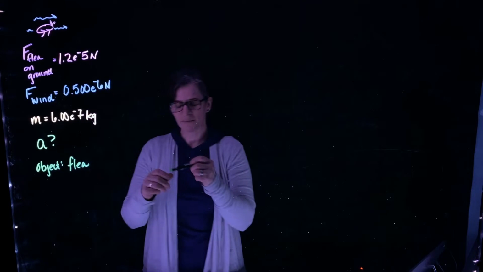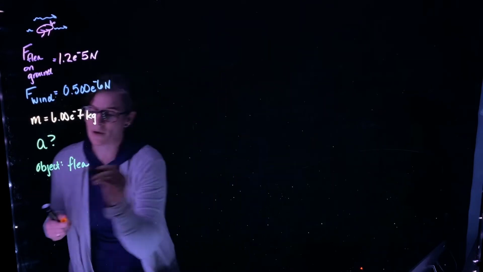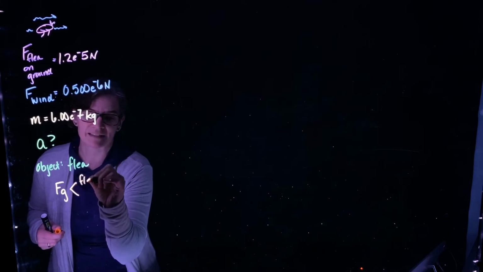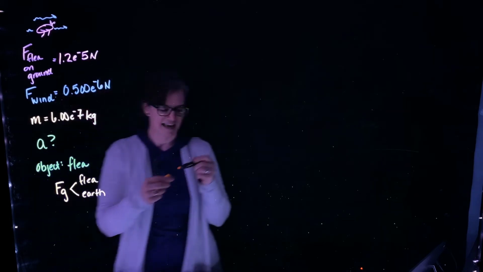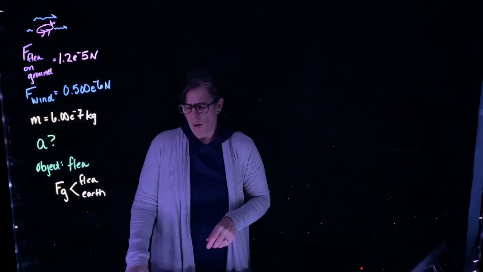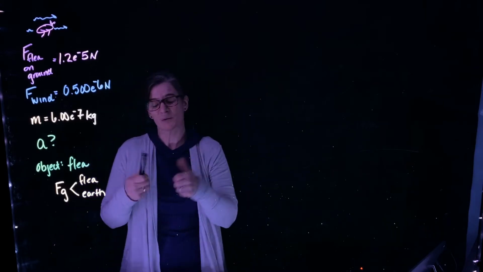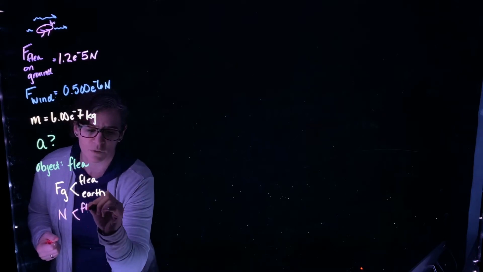And so what types of forces are acting on the flea? Well, we know that there's always that force of gravity acting on the flea. It's a massive object, and so that's between the flea and the earth. We also know that the flea is in contact with the ground, and so there's the force of the ground, which we often will call a normal force.